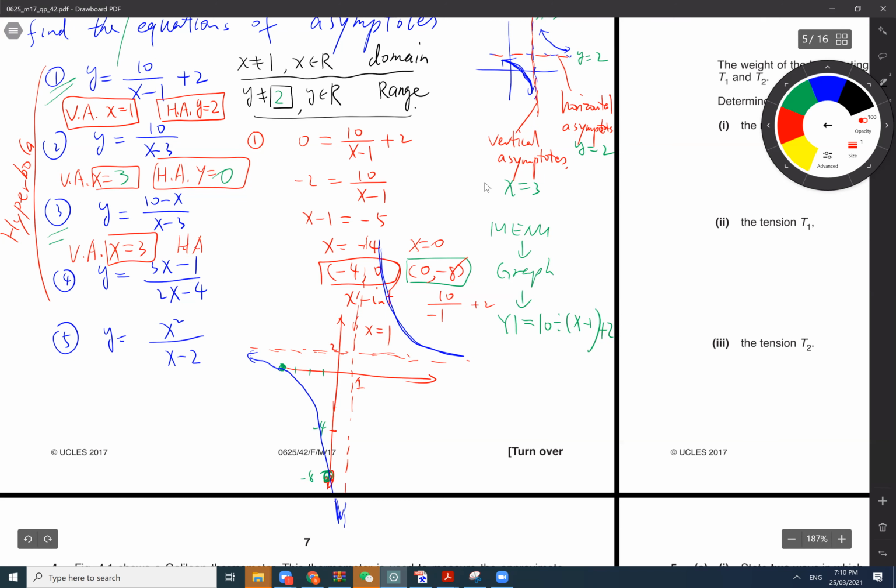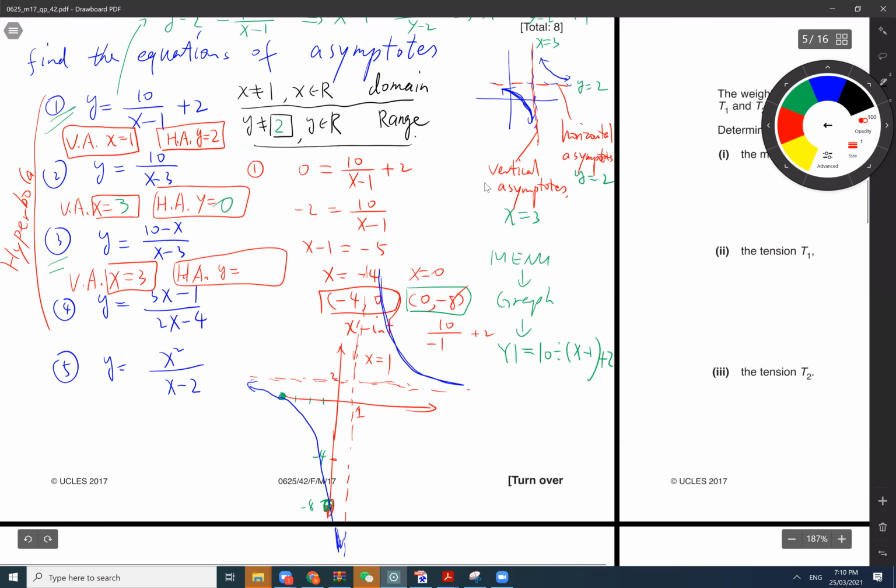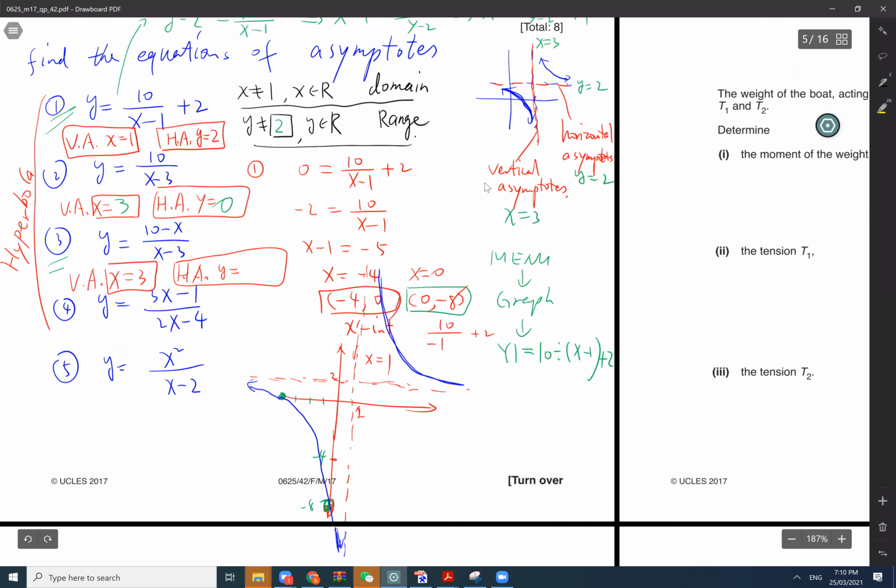Horizontal asymptote, y equals what? Okay, Eden, y equals what? How did you get it?